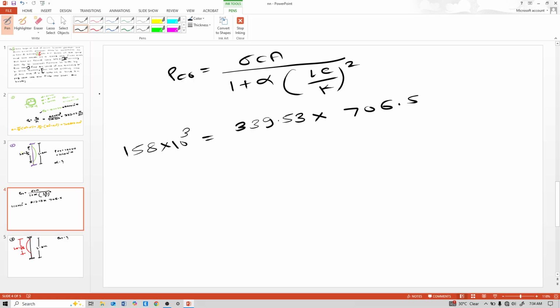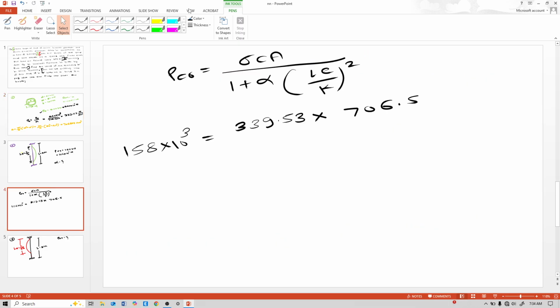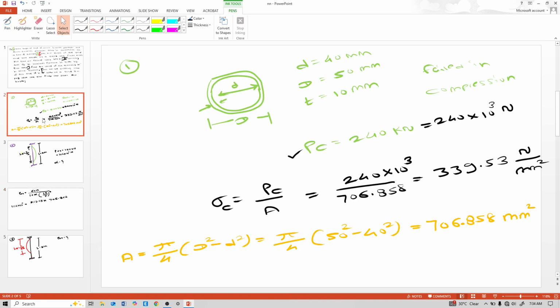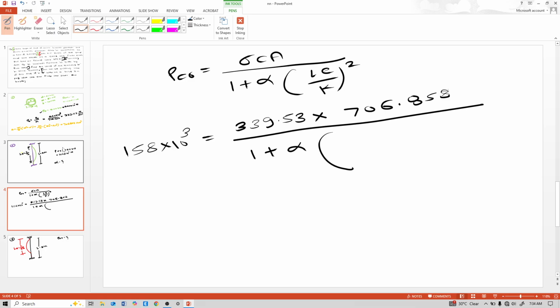Area is also the same because the section is not changed up to the second case. Area is 706.858, divided by 1 plus alpha and LE by K.